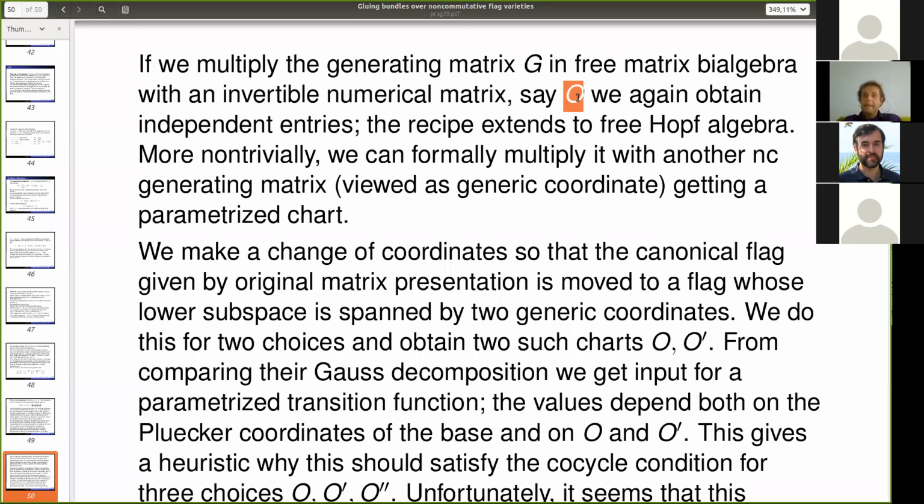So one matrix O can come from one copy of two generic elements in a free associative algebra, another from another, and then you get a transition function which is not just an element in the algebra, but also has parameters in O and O prime.